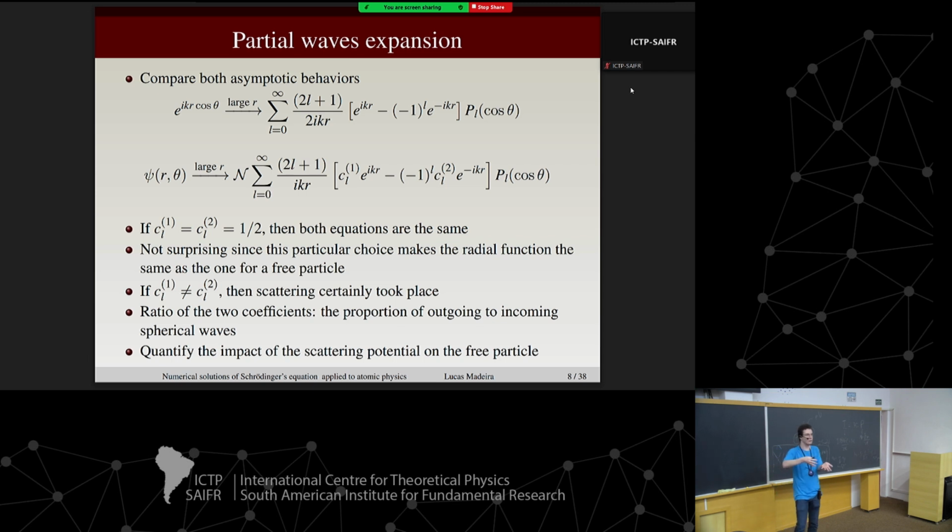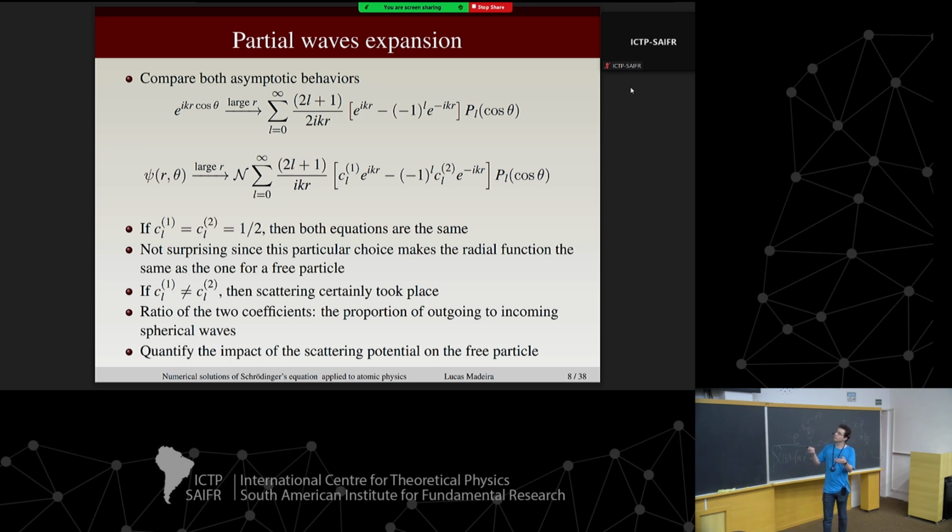Nothing happened there. But if I choose slightly different coefficients, that's equivalent to changing the solution, comparing with the plane wave, and then putting weights to this incoming and outgoing spherical waves, right? So these coefficients here somehow are telling me what happened inside that scattering region, right?